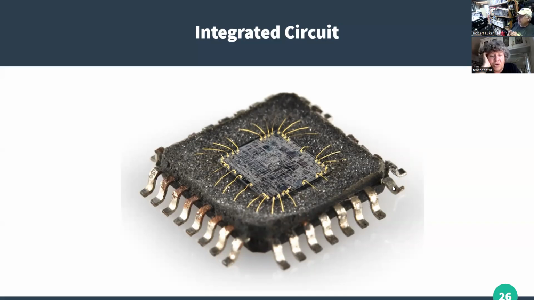Why do they use gold? Because gold doesn't corrode, even though these are supposed to be hermetically sealed. So if you were to collect a truckload of these things, you could melt them down and get some gold.